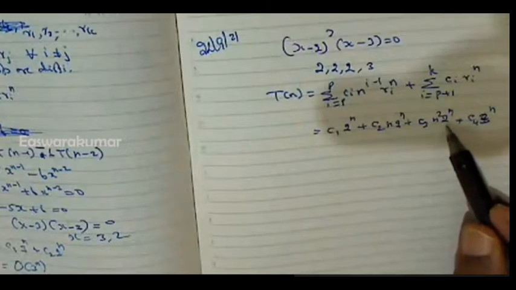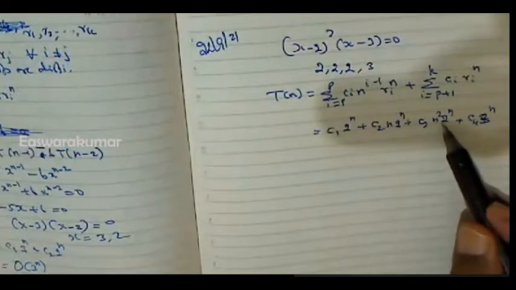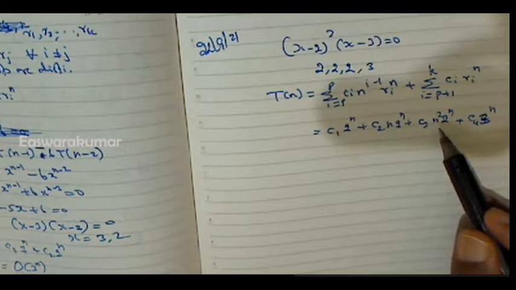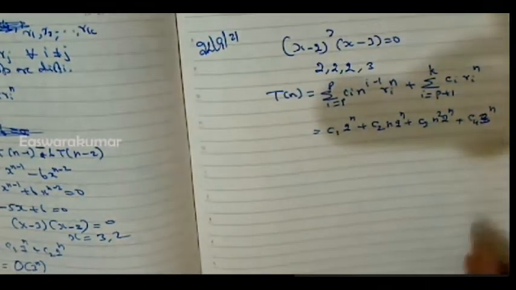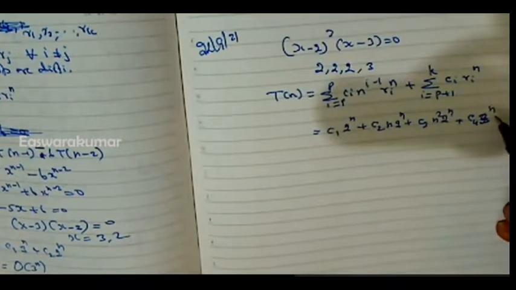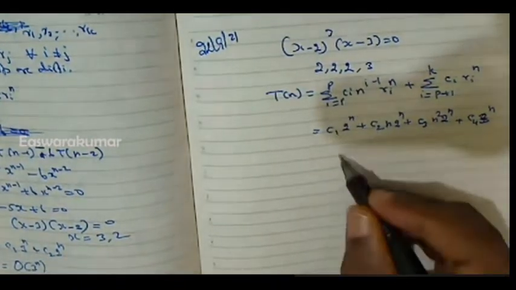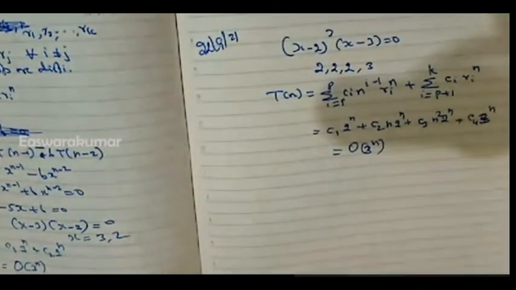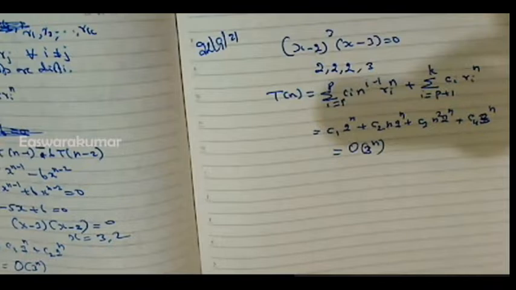But here, apart from 2 power n, there is one more factor, that is n square, right? We are multiplying by n square. But actually we have to take the asymptotic value. So when n is large, automatically 3 power n becomes larger. So we can say it is order of 3 power n. So that's the complexity.